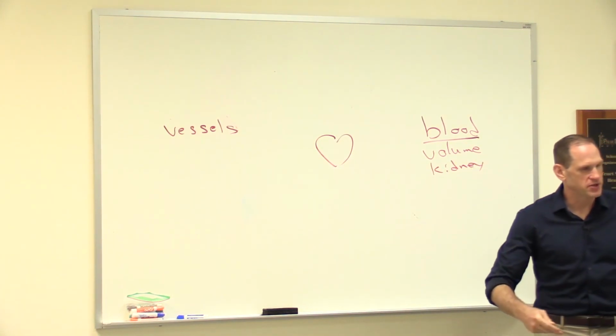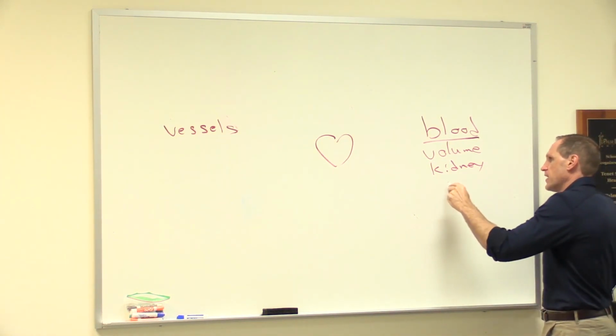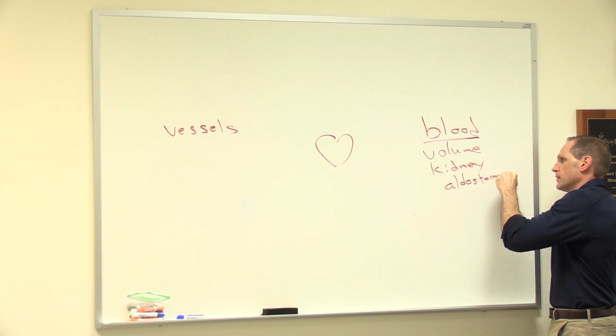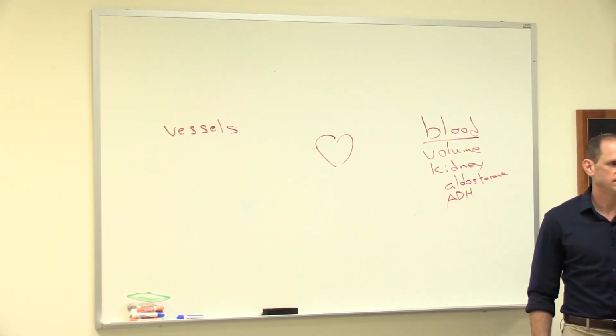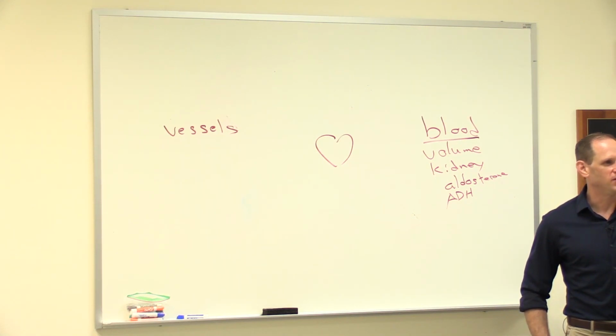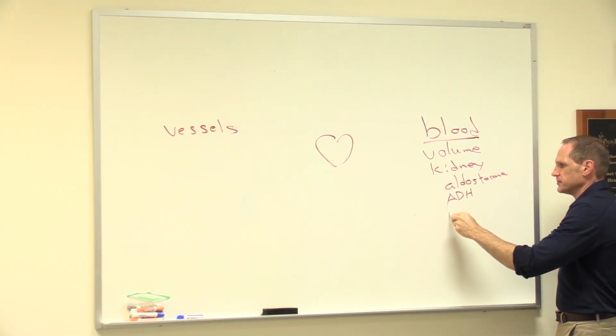So, kidneys are under the control of what hormones? Aldosterone. All right, so we've got aldosterone. We've got ADH. What else? If you remember way back into Pathopharm 1, fluid and electrolytes, we talked about natriuretic peptides.